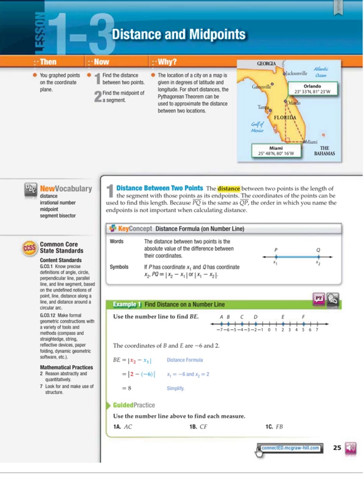So let me write that down. For distance, D for distance, and I'm going to put a subscript, number line. We take the absolute value of the difference of their coordinates.